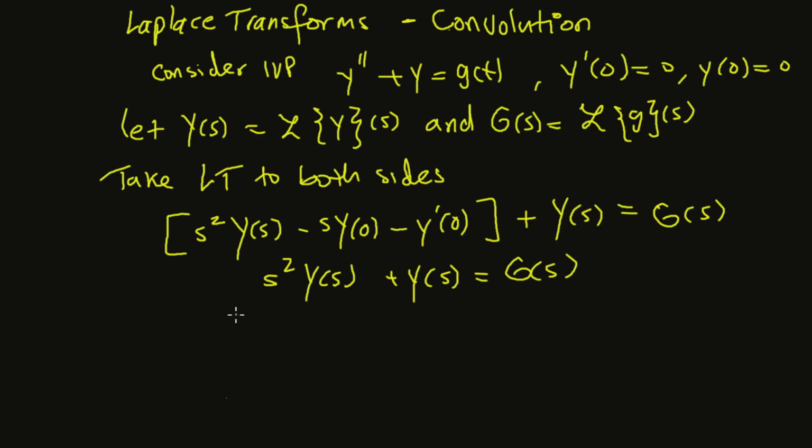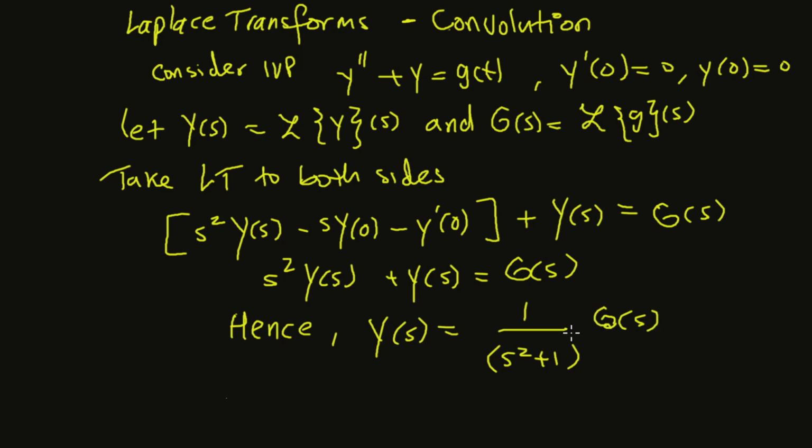which if you solve for this capital Y of s, you should get 1 over s squared plus 1 times this capital G of s, right? Because you factor this capital Y of s and you get this.